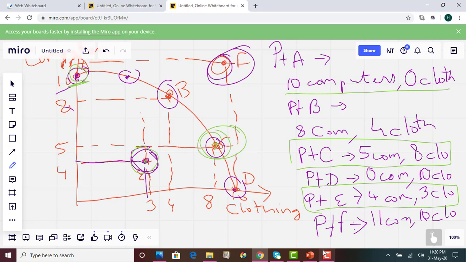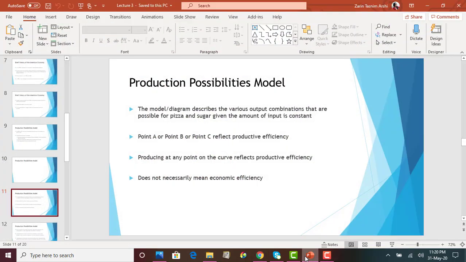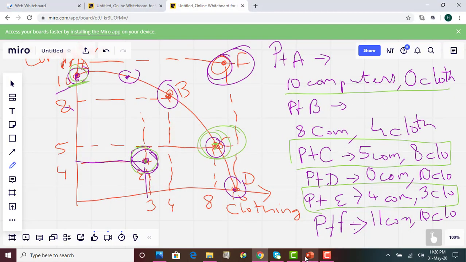Now we try to understand what each of these points means. Any point on the line means we are productively efficient. In this case, point A, point B, point C, and point D are all on the line, so they are all productively efficient.